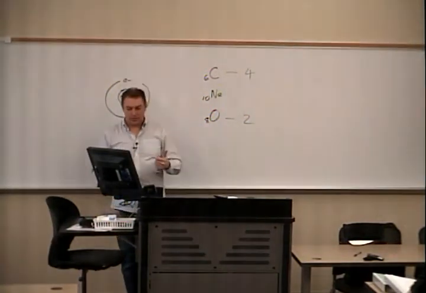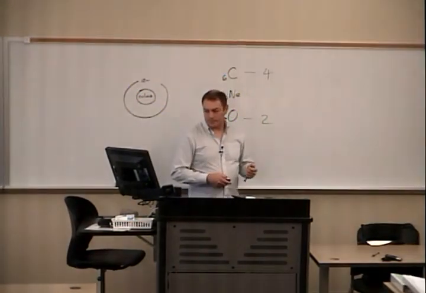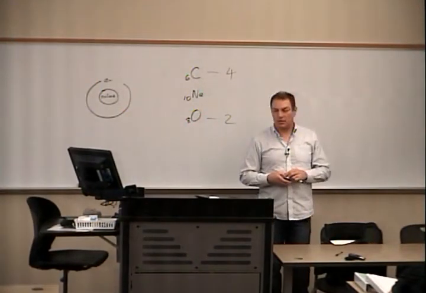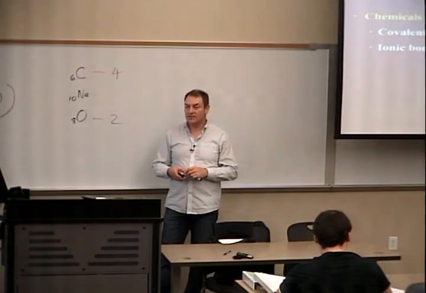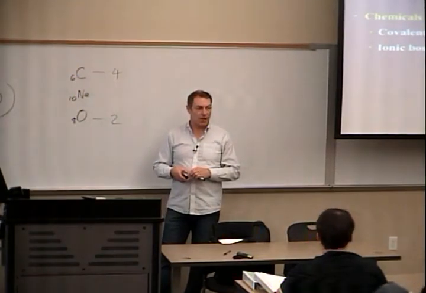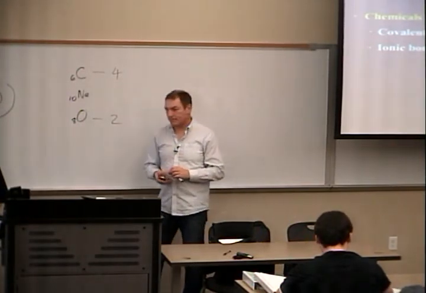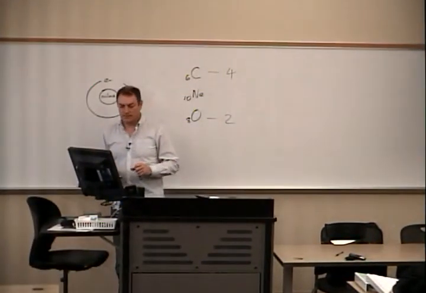And then we've got ionic bonds, which are also very strong, except in water. You can think about water as being the kryptonite to ionic bonds. They're very weak in water.